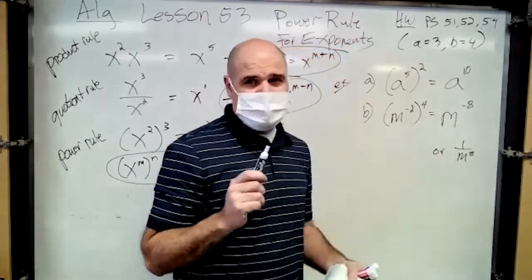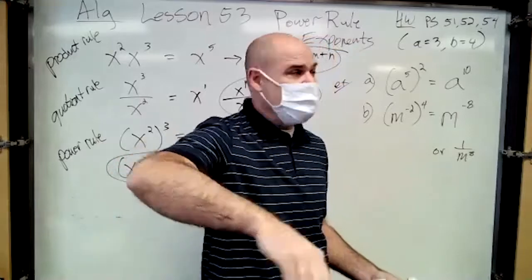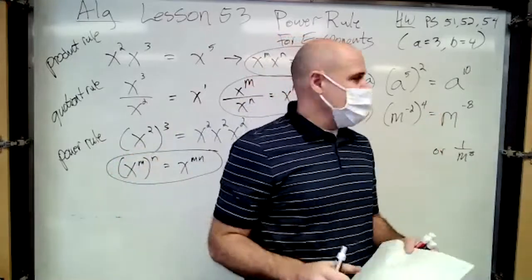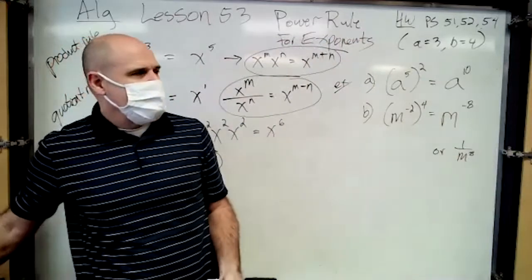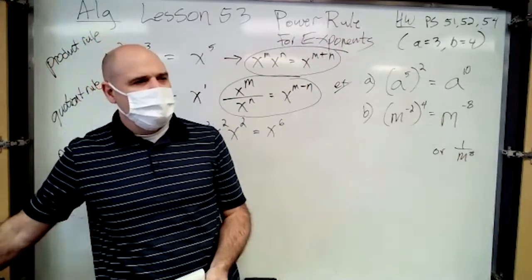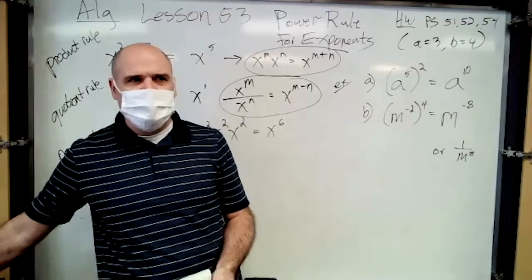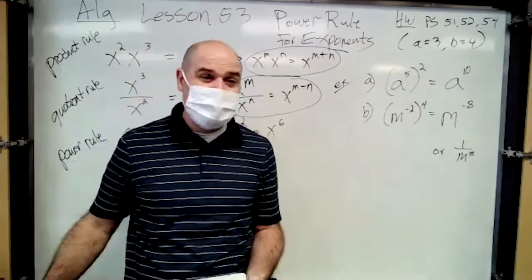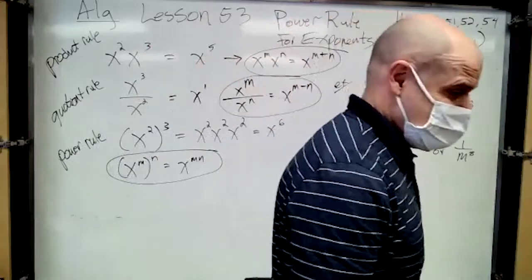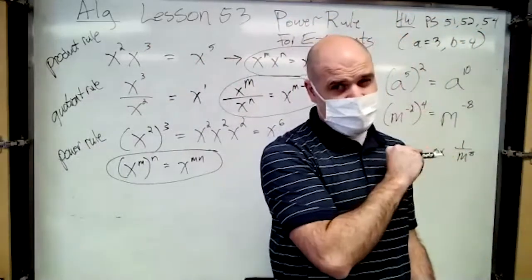This is what I love about Saxon, is because Saxon is going to keep circling around, spiraling around, so you won't forget it. My son is doing Algebra 2 right now, and he's doing another curriculum, not Saxon. And I said, okay, what do you do with negative exponents? Make it negative. And he's good at math. But he just forgot, because it's been a while since he's done that in his math curriculum.